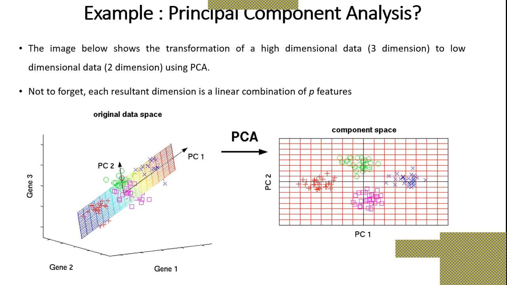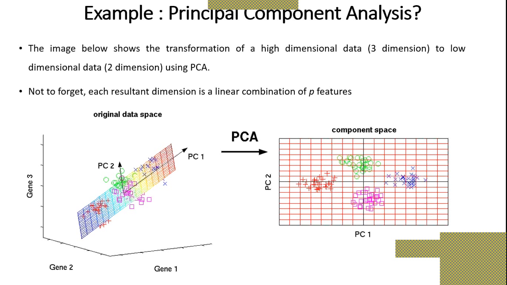Here is an example and the output of principal component analysis. On your left hand side, you can see the original data set, and this is a 3-dimensional data set.